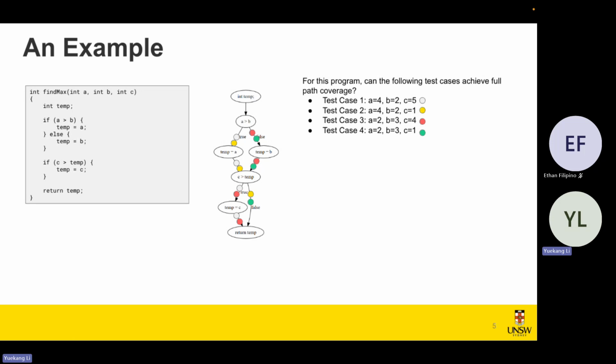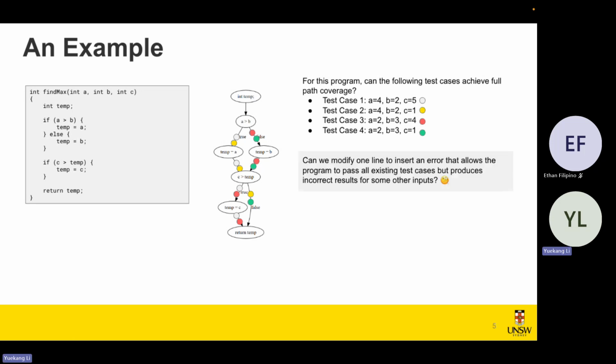However, can we inject an error, similar to what we did for assignment 2, that allows the program to pass all the existing test cases but still produce incorrect results for some other inputs?